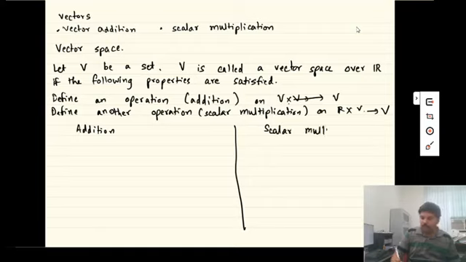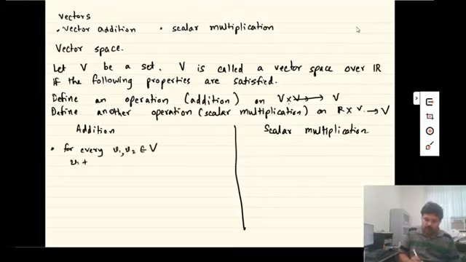So what are the properties that need to be satisfied? Let's list down the properties. The first property is that addition should be commutative. So for every V1, V2 in V, you should have V1 plus V2 is equal to V2 plus V1. That is called commutativity.